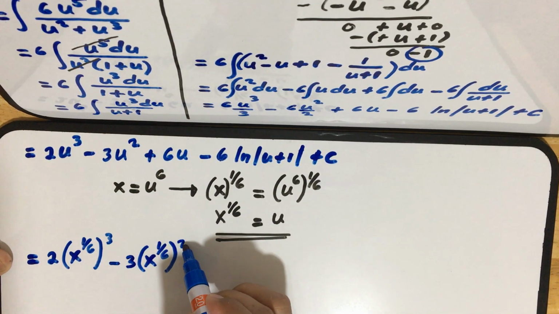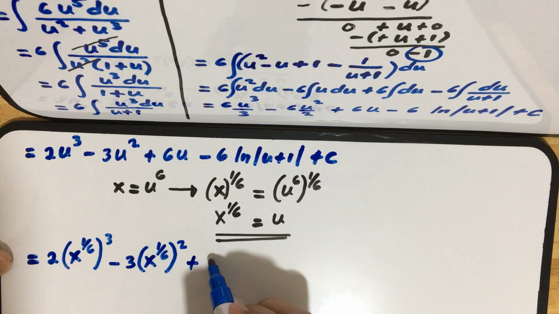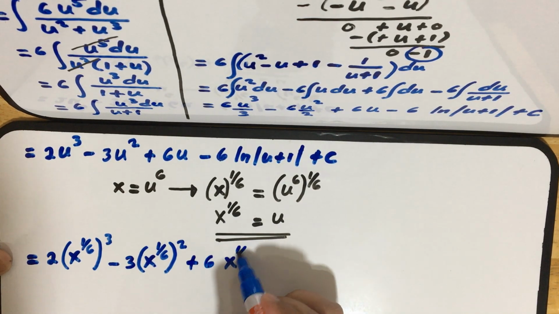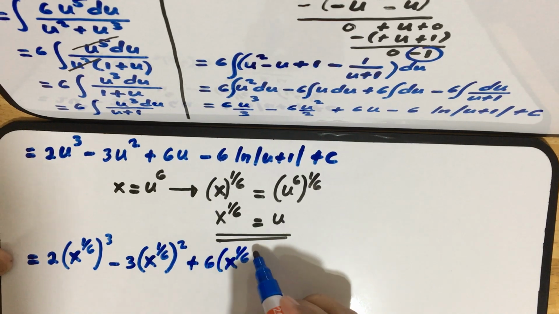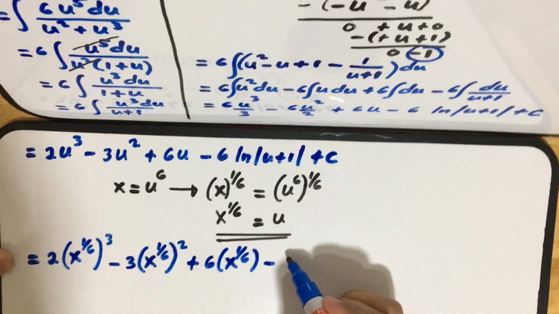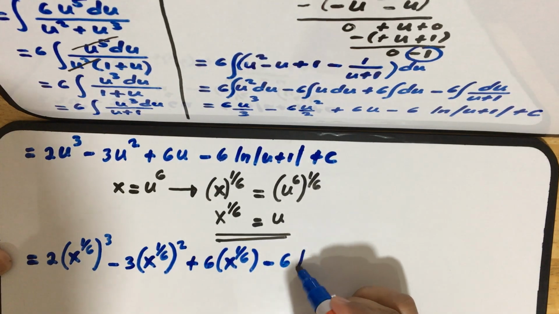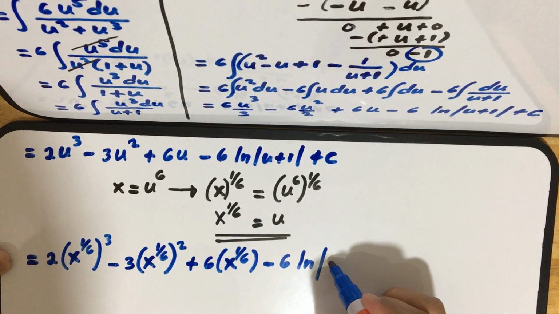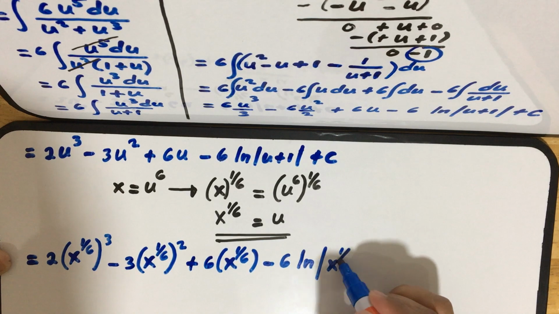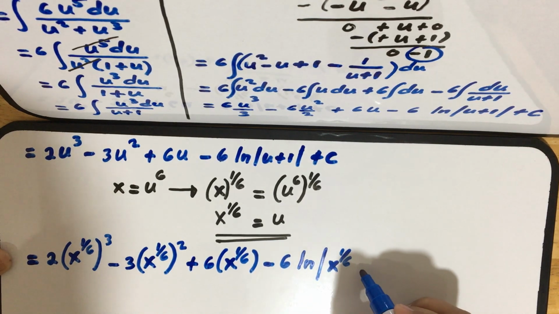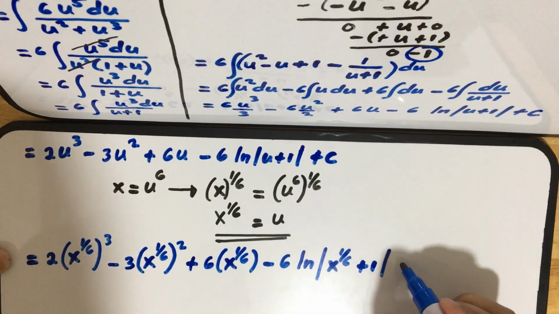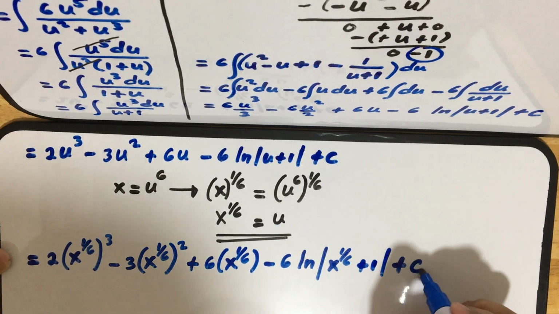Then plus 6 times u, which is x to the power 1/6. Then minus 6 times ln of u, where u is x to the power 1/6, then plus 1. Then plus c.